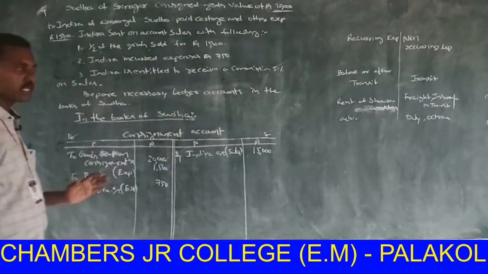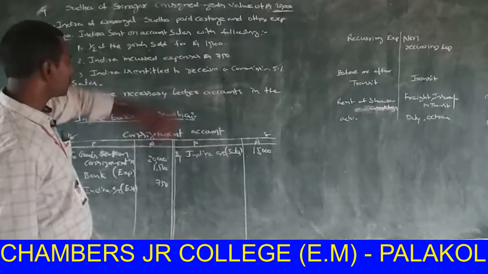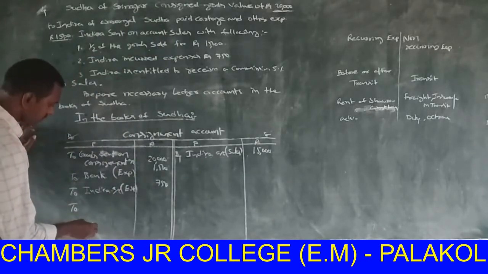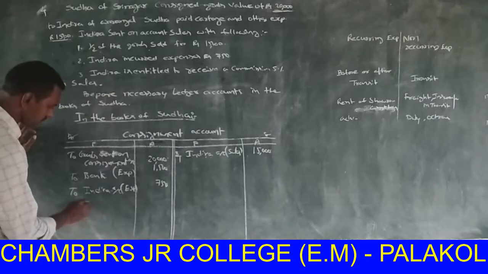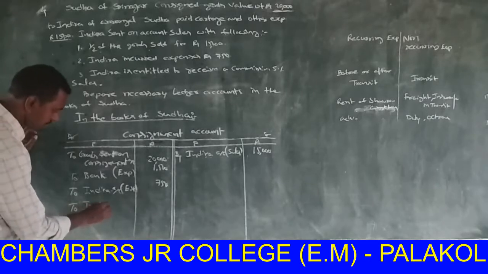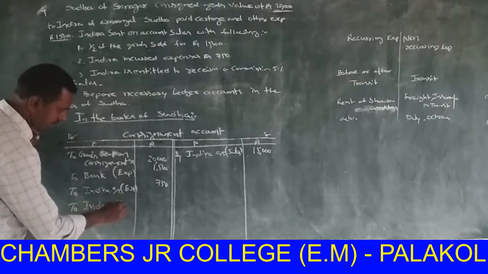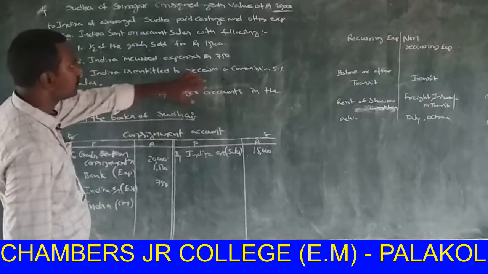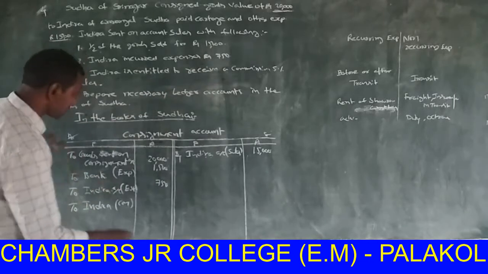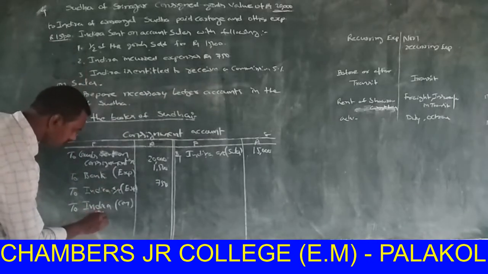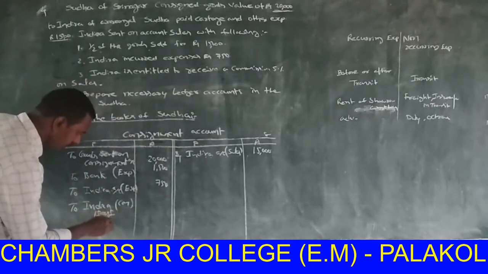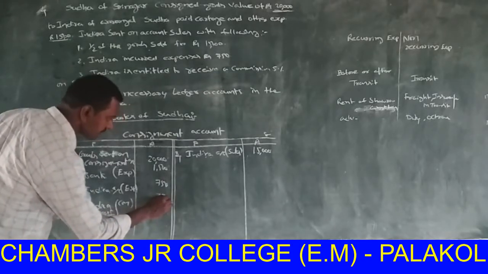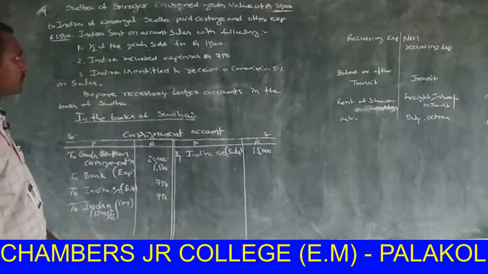The commission paid by the consignor to the consignee is also an expenditure. To Indira, in brackets commission, 5% on sales, 15,000 into 5 by 100, that is 750 rupees.